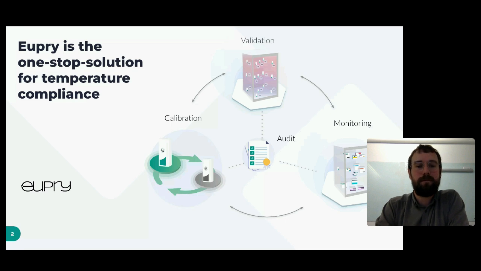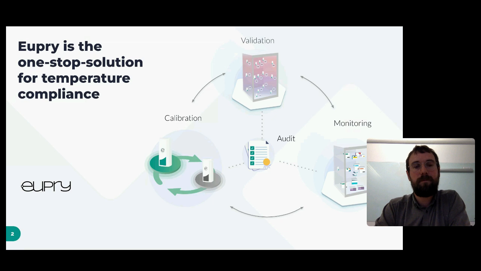First of all, what is UPRI and why do we talk about a topic like this? We typically line it up in this little circle here: what we do in UPRI is develop and invent solutions to make temperature compliance a one-stop solution, meaning that you have access to monitoring, validation, and calibration in one suite of software and hardware solutions.